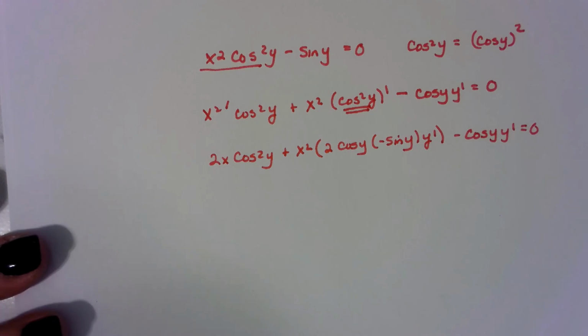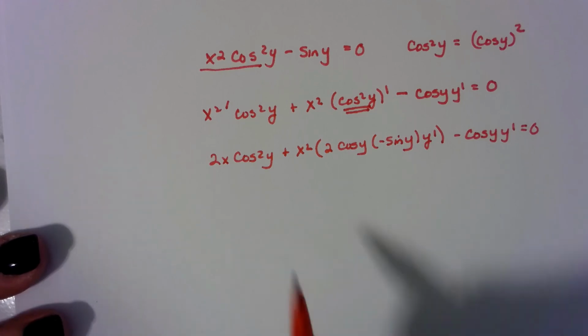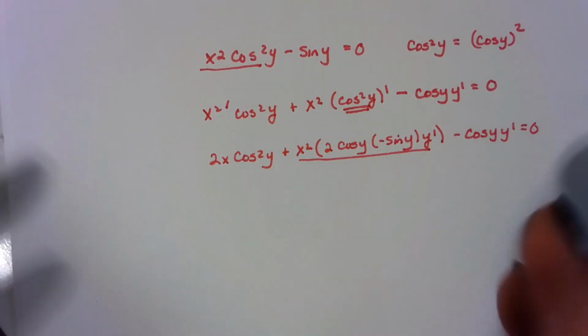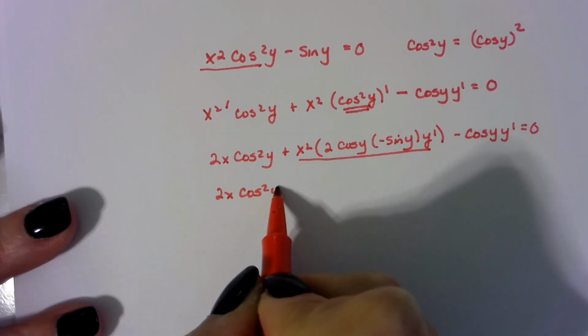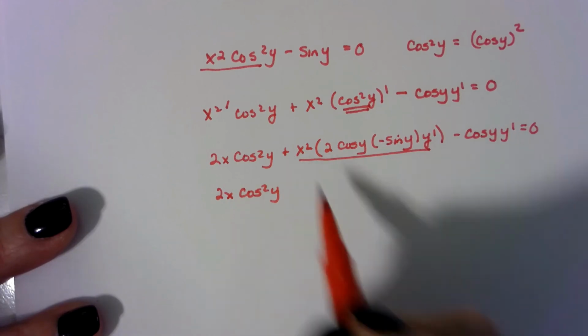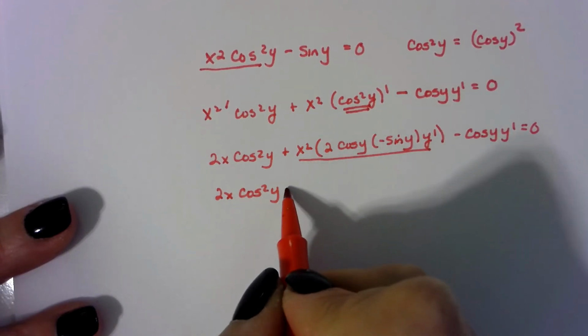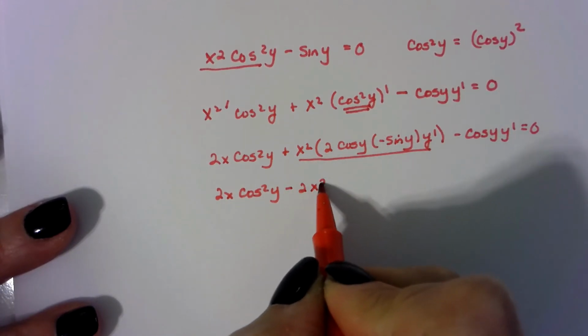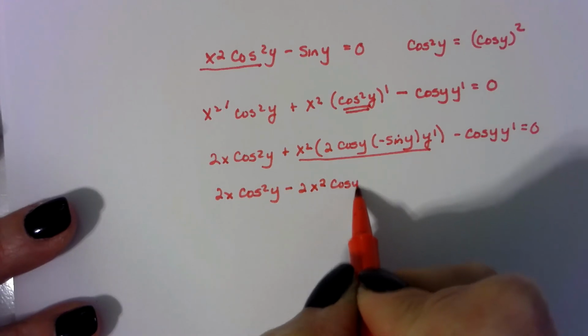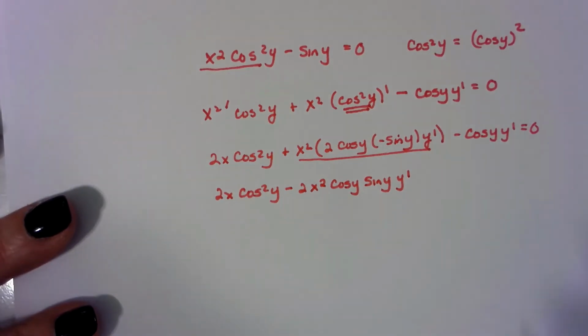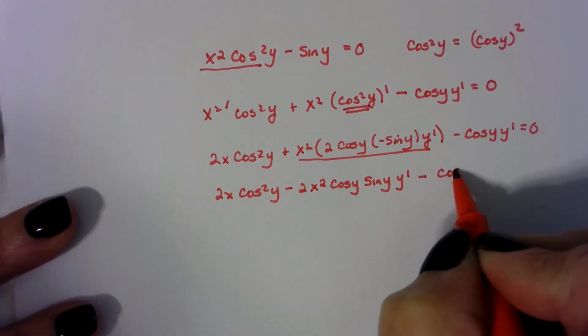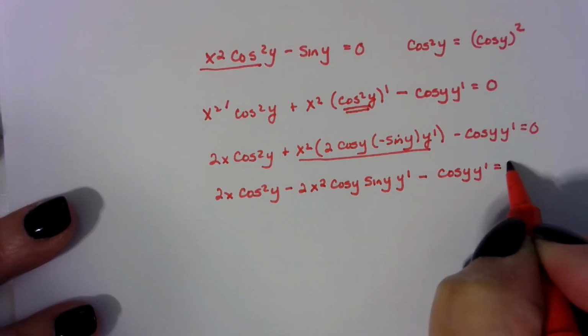Okay, I've got to get my y primes together. So this whole mess here, that's just one whole thing. So look, 2x cos squared y. I'm going to bring the minus sign out front, and I'm going to put the 2 out front. So minus 2x squared cosine of y sine of y prime, minus cosine y prime equals 0.